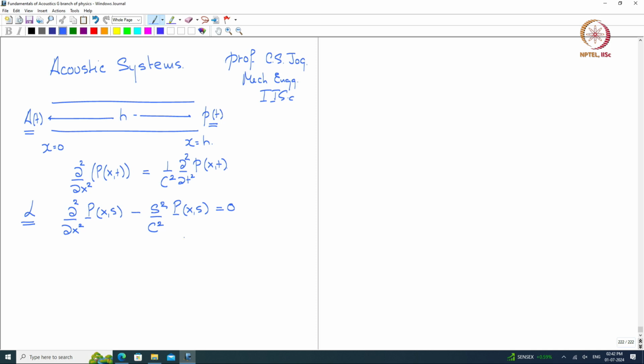Now I choose here, this is the one trick you can say, minus s squared by c squared equal to q squared. Then I will write this as del 2 by del x squared of p bar delta plus q squared p bar delta is equal to 0.